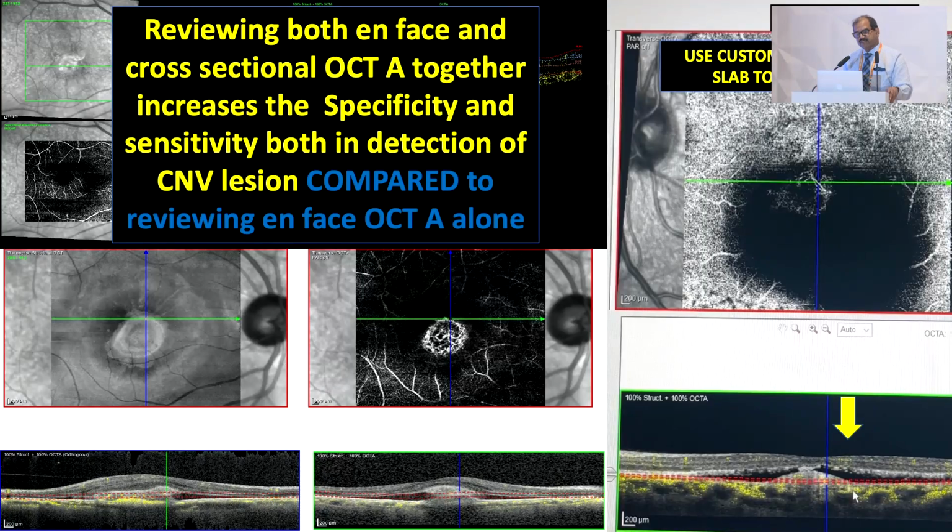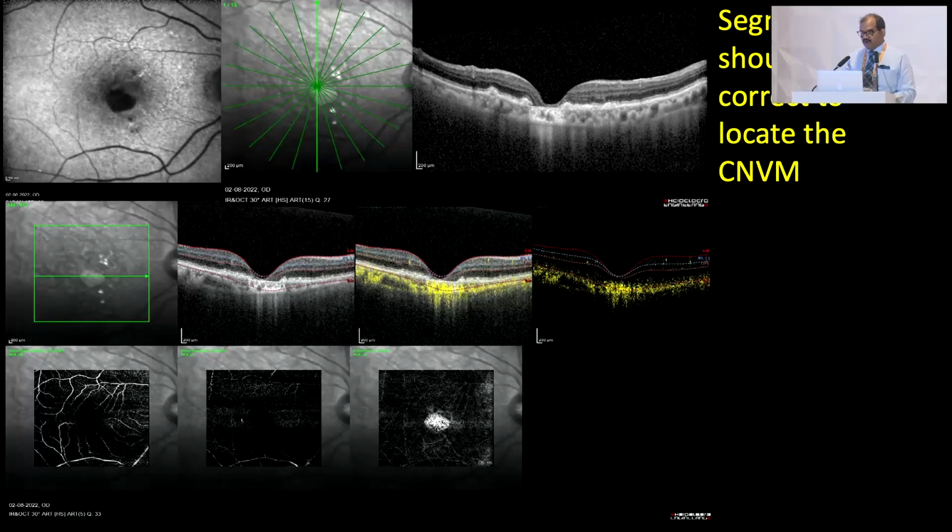And another thing is reviewing both the en face and the B-scan images is important to reach the right diagnosis. So you have to compare both. You have to see the flow signals on the B scan and interpret those images with the corresponding en face images.